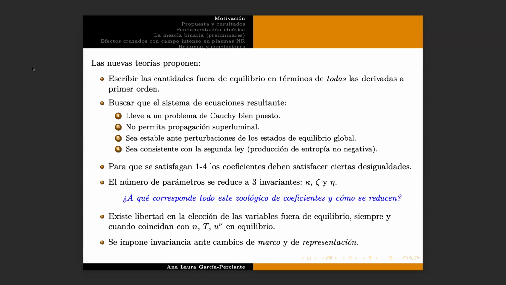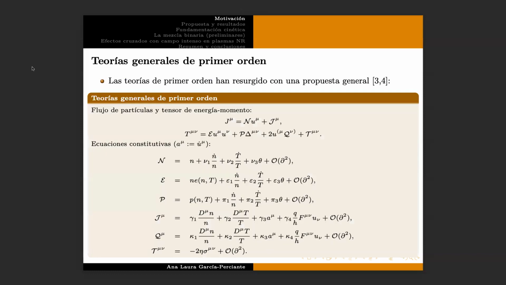And we can reduce the number of unknowns by imposing the invariance of these combinations of coefficients if you change either the frame or the representation. These three parameters correspond to the thermal conductivity, the bulk viscosity, and the shear viscosity. So you can reduce all these coefficients and the conditions on them to just three.